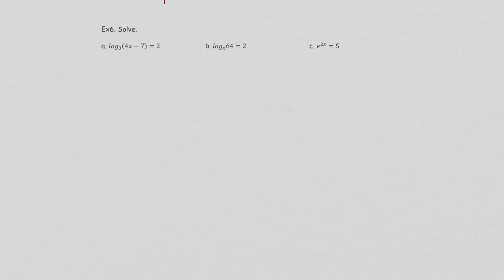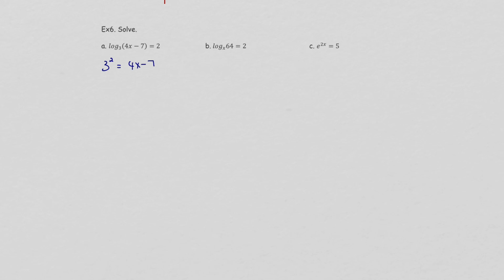Let's see if we can solve the basic logarithm equations then. If you have an x inside a logarithm with a larger base, and you don't know how to solve it, remember the last method will always be converting into exponential, right? So this changes to exponential: 3 squared equals 4x minus 7.